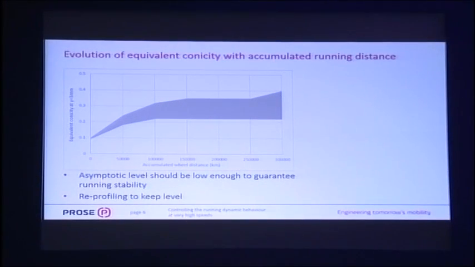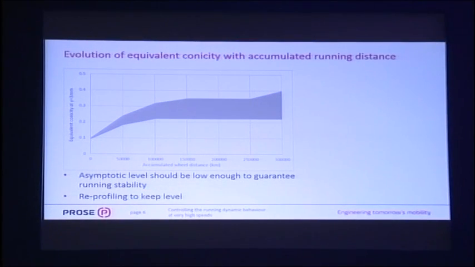Now the question is, how does the equivalent conicity evolve during the accumulated running distance? As mentioned before, the TSI requires 0.1 at the beginning, at a new profile, and then the train starts running, and you see on the x-axis that it goes up to 300,000 kilometers.